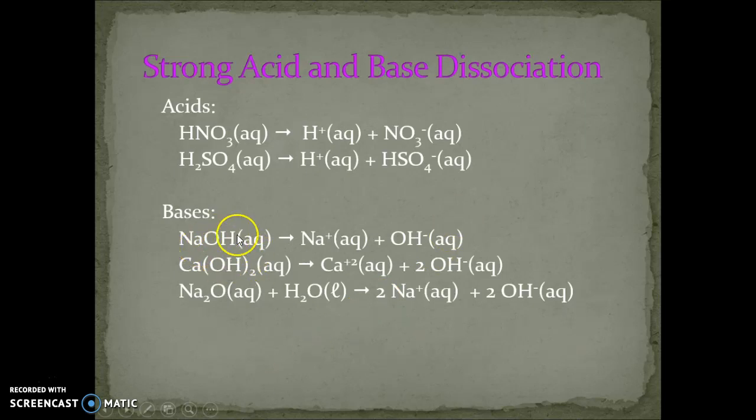Sodium hydroxide only has one OH, so you get a 1:1:1 ratio. Calcium hydroxide, however, has two OHs, so you're going to get a 1:1:2 relationship. And then the oxides that you need to know, so sodium oxide is Na2O. It's going to react with water to give you two OHs. So this O is going to interact with the water and give you two OHs, and then we have the two sodiums there.